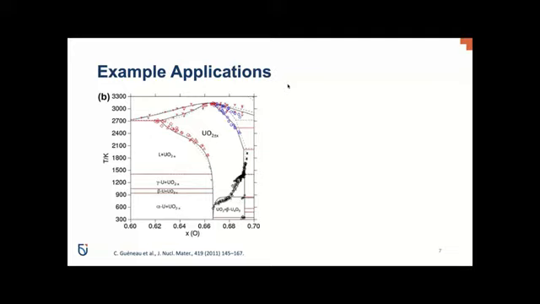So to give a very brief set of examples, on slide 7 we have an example of the uranium-oxygen phase diagram from Christine Guéneau and her colleagues, and the phase diagram you see here on the screen was generated by Thermo-Calc using multiple sets of thermodynamic models.